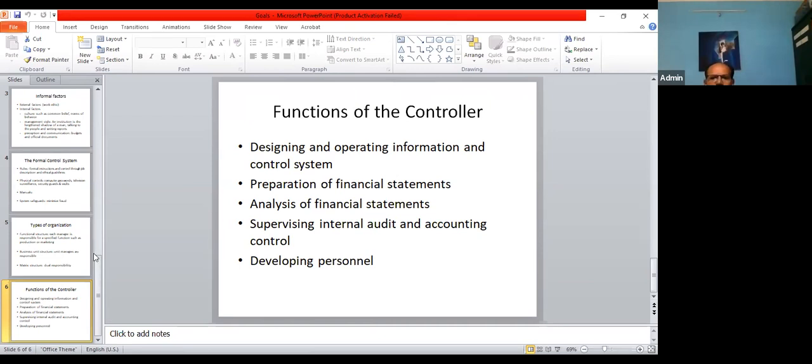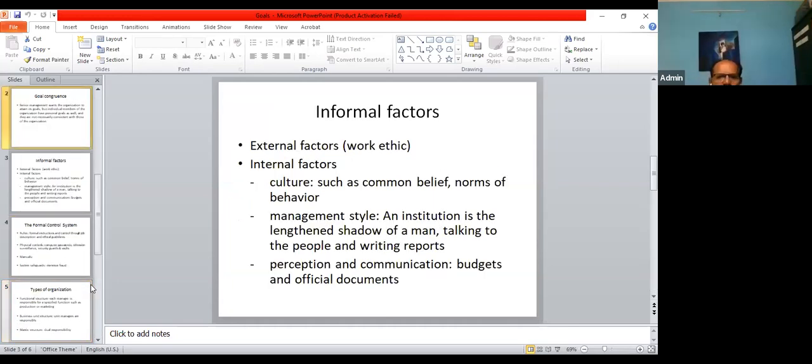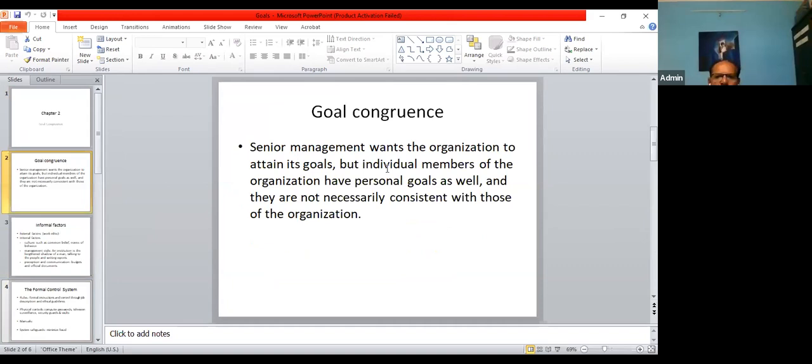Before we end today's session, let me tell you about goal congruence. Senior management wants the organization to attain its goal, but individual members of the organization have personal goals as well.